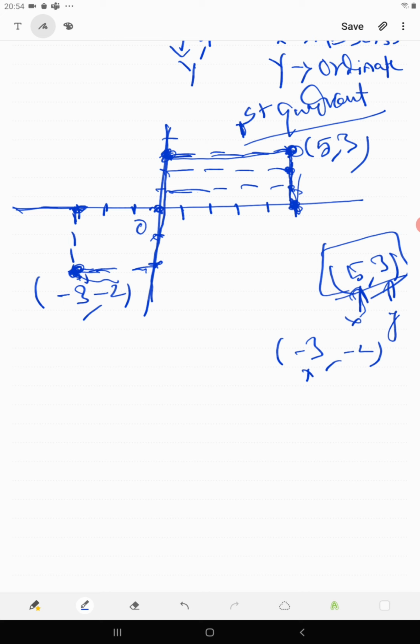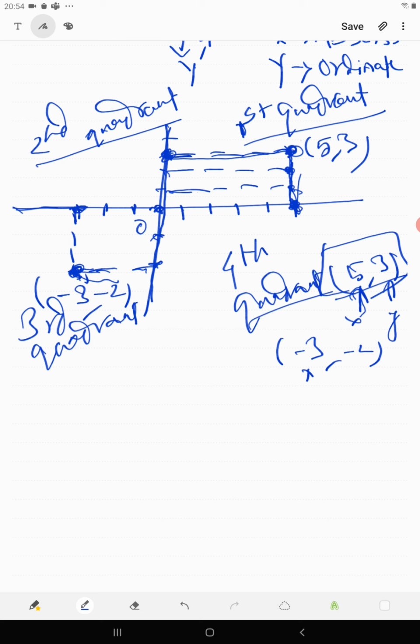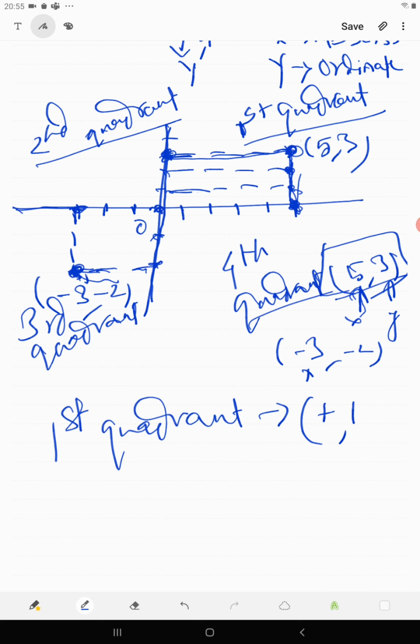So this is our first quadrant, this is our second quadrant, this is our third quadrant, and this is our fourth quadrant. In the first quadrant both x and y will be positive.